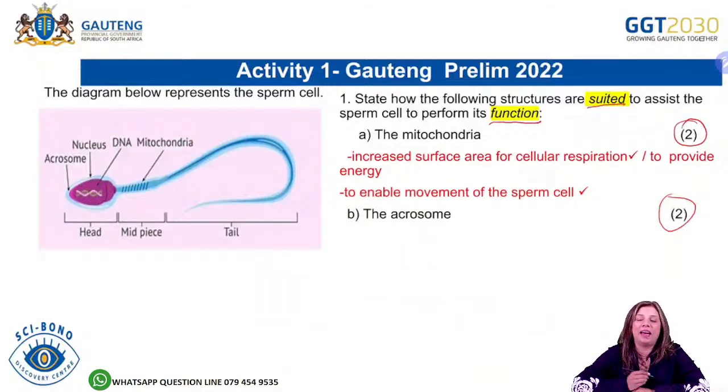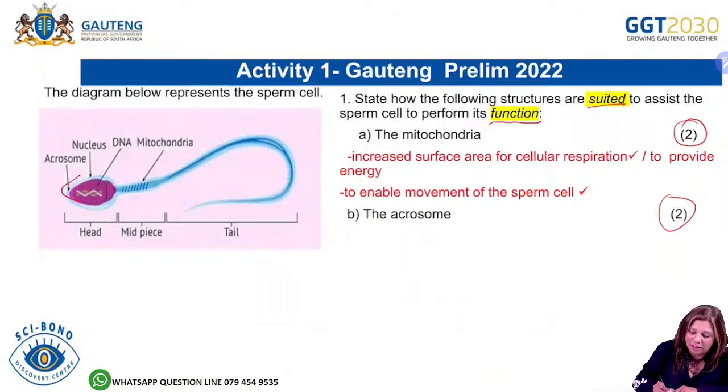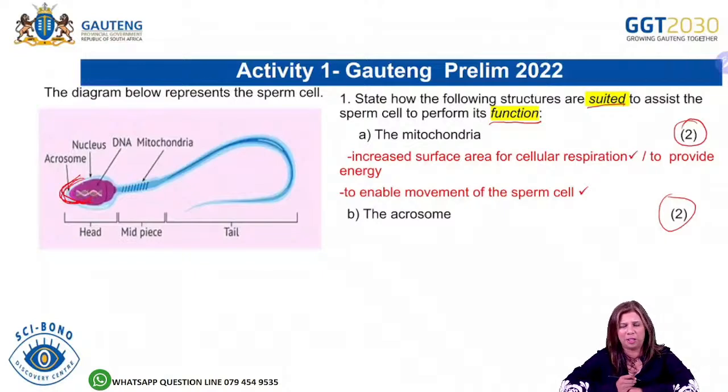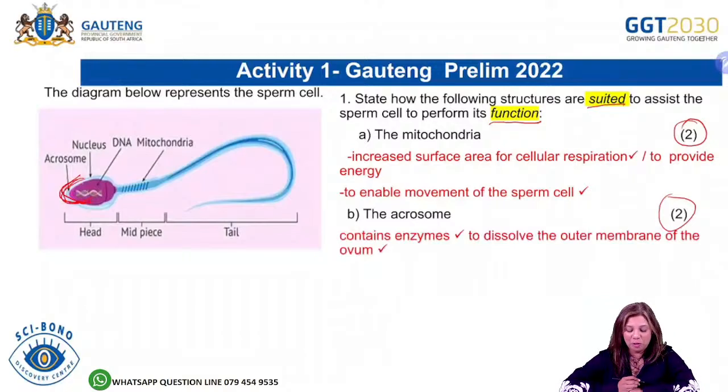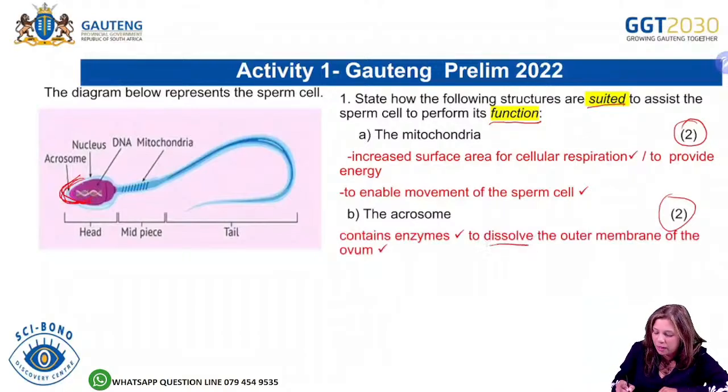And then we have the acrosome. Remember, when we were discussing the labels of the sperm cell, we said the acrosome is in a specific position, right at the end. There's a reason that it is in the front of this torpedo-shaped head. What did we say it was? Yes, because it's got enzymes. It contains enzymes to dissolve the outer membrane of the ovum.